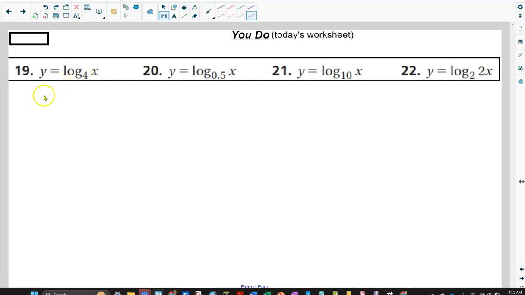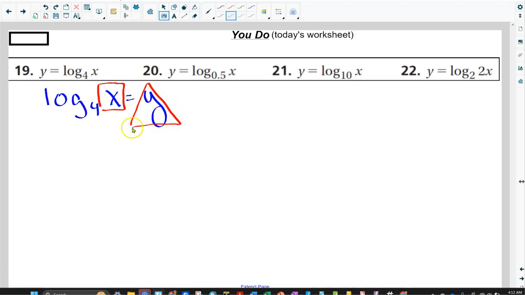This is a huge tip so you don't get stuck on the exit ticket. We can just switch it: log base 4 of x equals y. And in here, you would box that in, put that in the triangle, and then you'd be able to take the exponential right there.